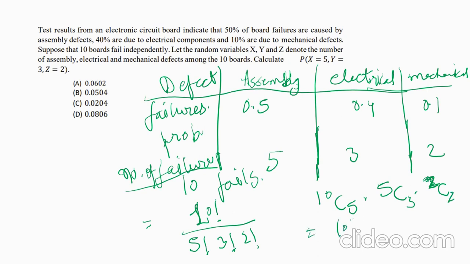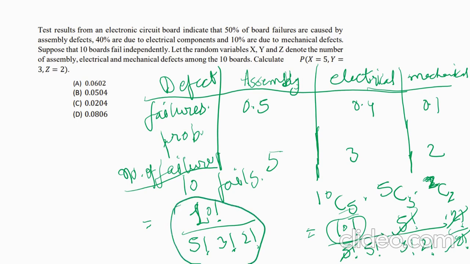So that one will be 10 factorial by 5 factorial, 5 factorial by 3 factorial, 2 factorial, and then 2 factorial by 2 factorial. So this one will be cancelled out. We will be left with 10 factorial divided by 5, 3, and 2 factorial. Okay, so this is how we will choose.